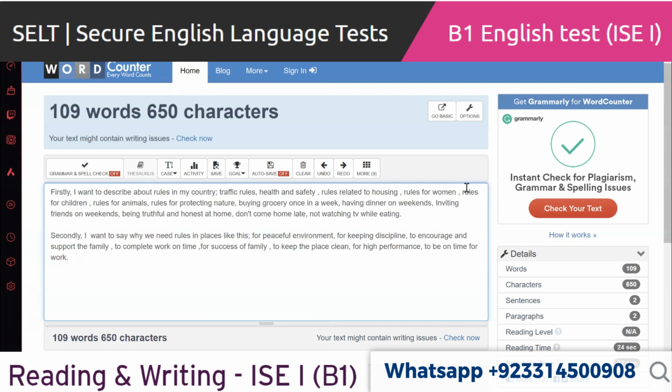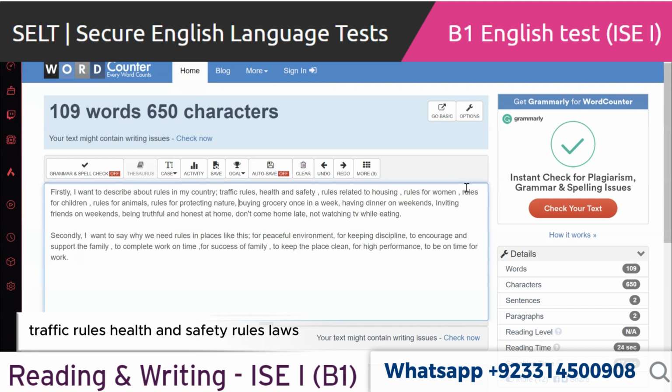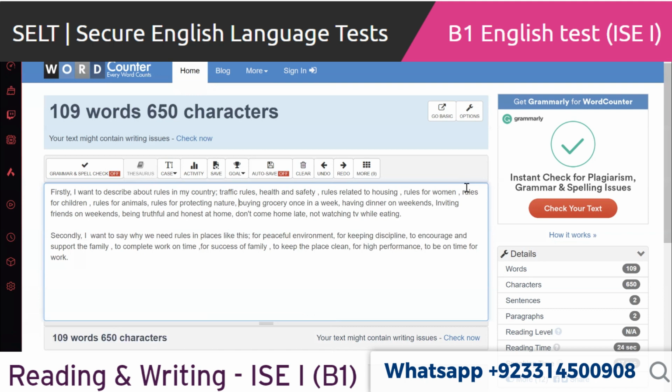Traffic laws, traffic rules, health and safety rules, laws, rules related to housing, laws related to housing, rules for women, laws for women, and rules for children, rules for animals, rules for protecting nature, and then more.